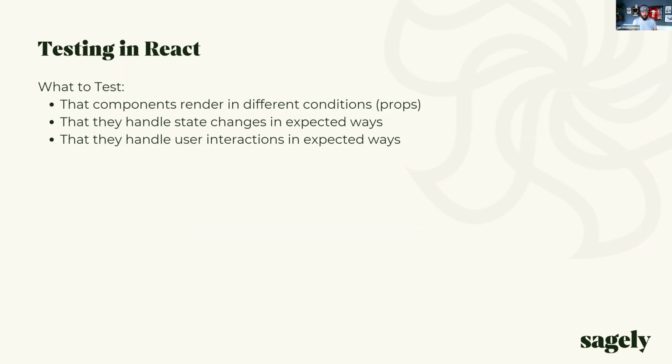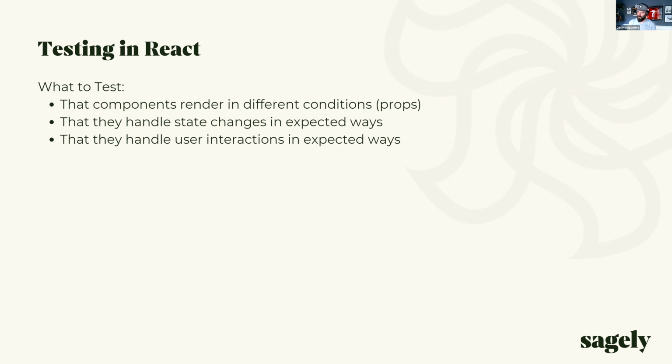A little bit of Dan opinion coming here. In React, what we should be worried about testing is that your components render in different conditions. So if you have props, that your component renders in expected ways for all different combinations of those props, whether they're missing or something invalid or something you do expect. You should be testing that your components handle state changes in expected ways, and that your components handle user interactions in expected ways.